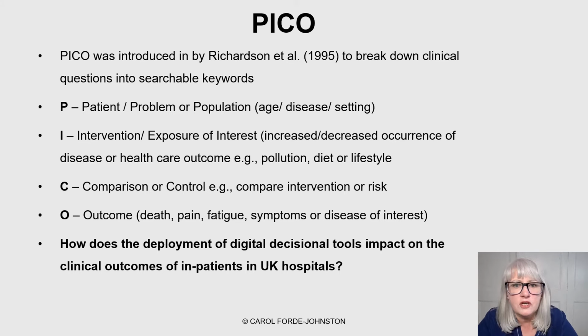I for intervention, the exposure of interest is the deployment of digital decision tools. The comparison, I suppose, is how they impact on the clinical outcomes. And then the outcomes would be the clinical outcomes, which would be looked at, which might be linked to fatigue or pain or symptoms. So that's sort of how I used the PICO to create that question as an example.